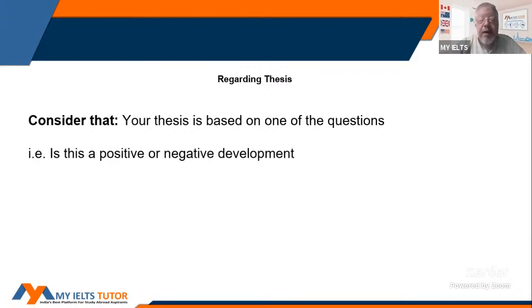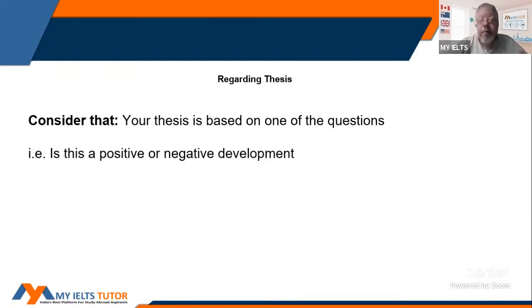For example, is this a positive or negative development? That's a common question in this type of essay prompt, okay? Or you could get, is this a positive or negative trend? It may not always come up, but this is more common than not, okay?